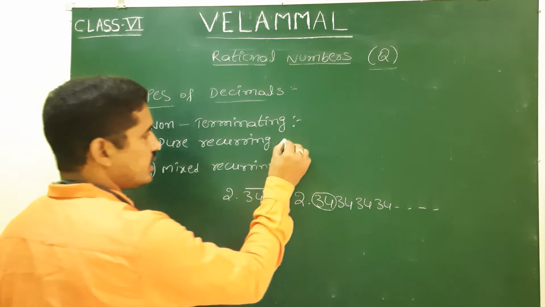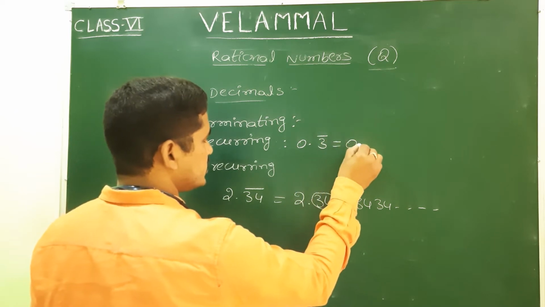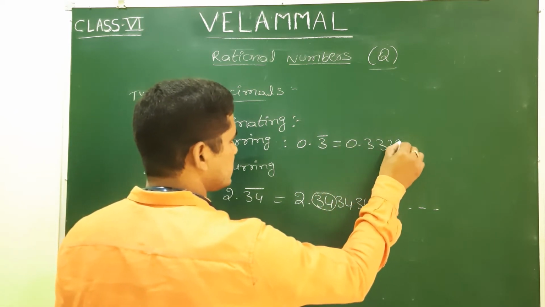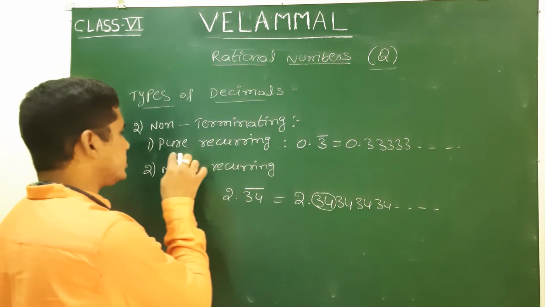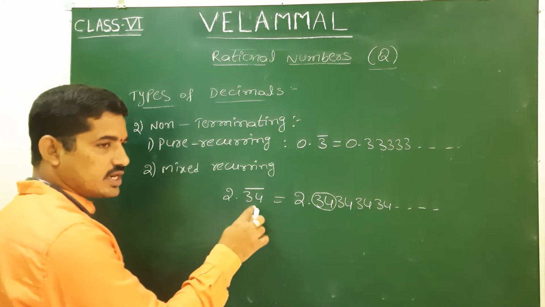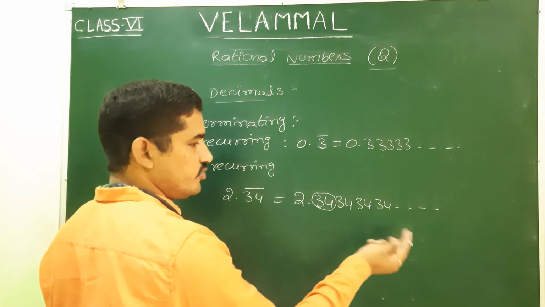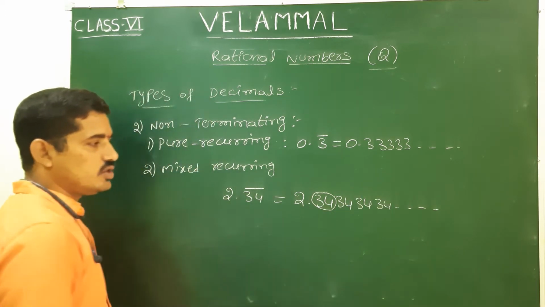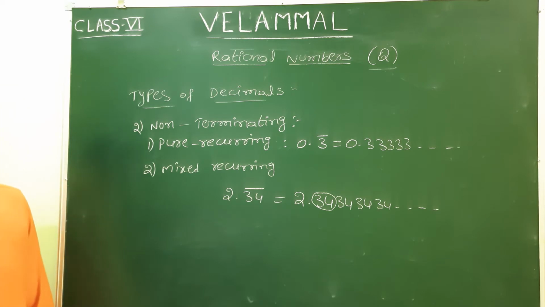In the earlier example, 0.3 bar is nothing but 0.3333 and so on. Only one digit is repeated, so it is called pure recurring. And here two digits are repeating, 34, 34, 34. 3 and 4 continuously come, so it is called a mixed recurring number.